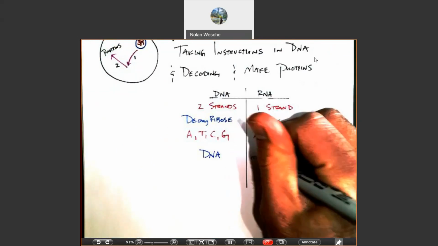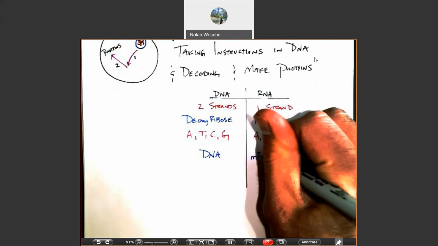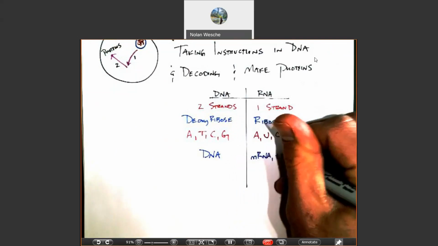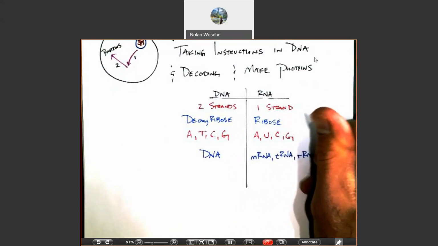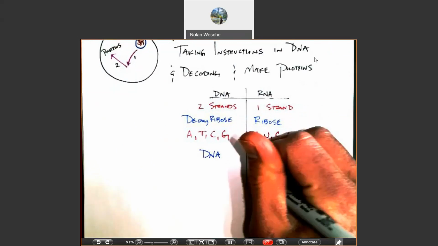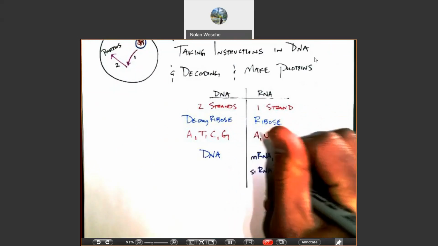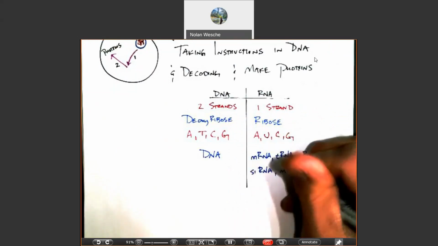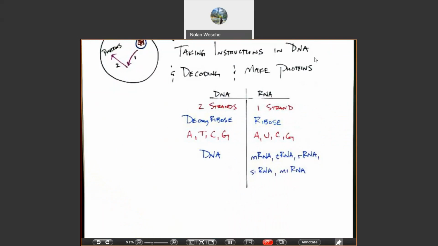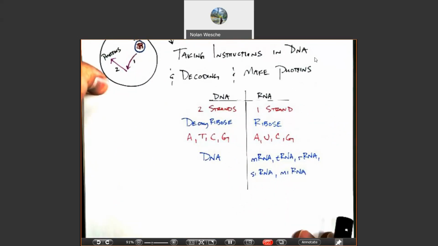We have messenger RNA or mRNA, transfer or tRNA, ribosomal or rRNA, small interfering RNA, and then micro or miRNA. The top three, m, t, and rRNAs, will be the ones involved in transcription and translation. The small interfering and microRNAs are beyond the scope of this particular course.